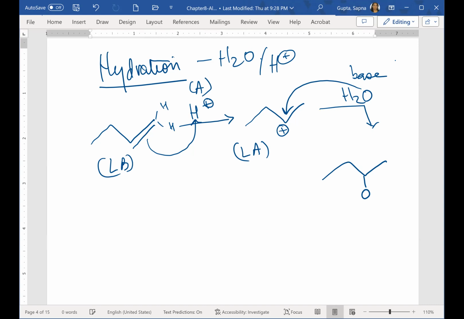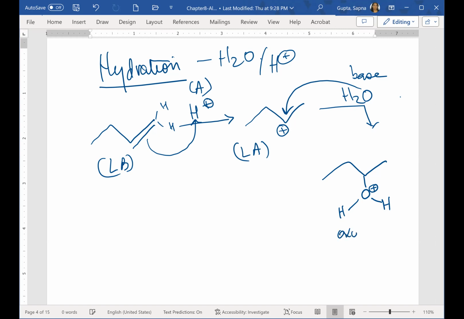So oxygen is the one that's bonding. Please be clear. If you're writing the notes, and I hope you are, please make sure your bonding is good, okay? And when you write your mechanisms, please write them a little bit larger so it's clearer for you and clearer for me also. I give you enough space to write mechanisms. All right, so then you get something like this.